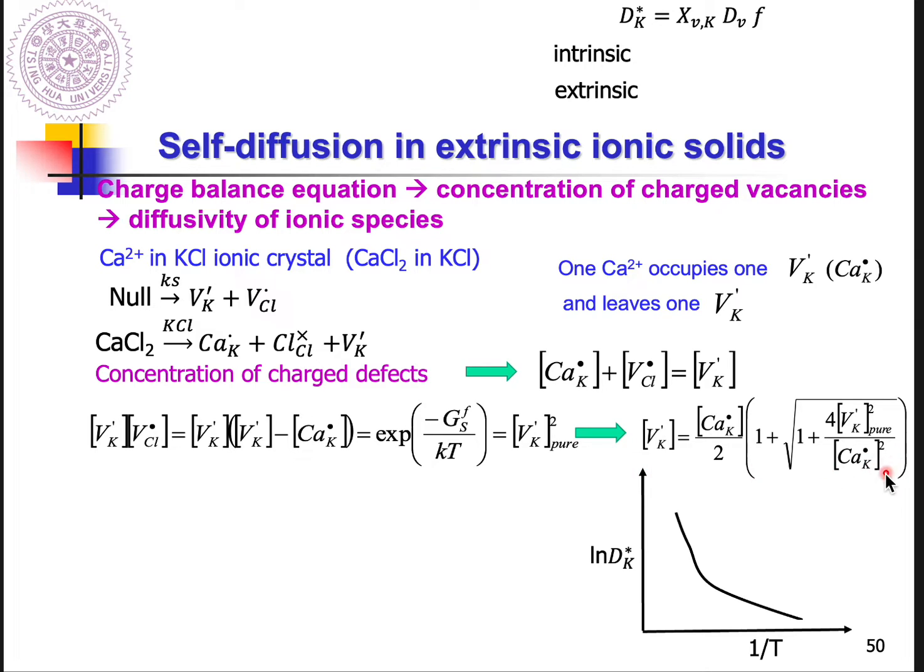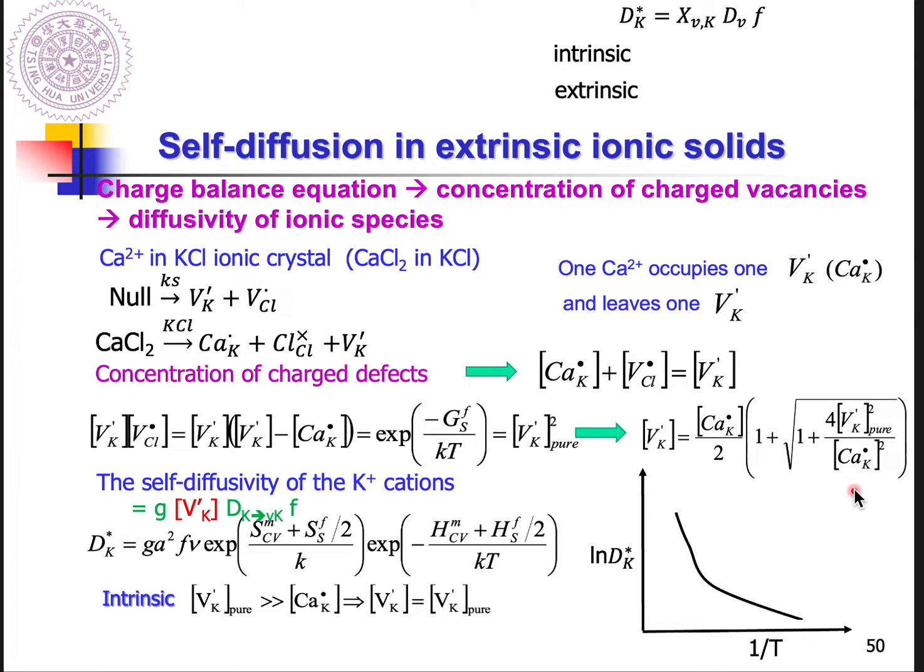And based on this result, we can easily separate into 2 cases, right? The first one is where the before-dopant intrinsic vacancy fraction at the potassium side is much larger than this one. So you can drop this term out and just take a square root on this one and times this.